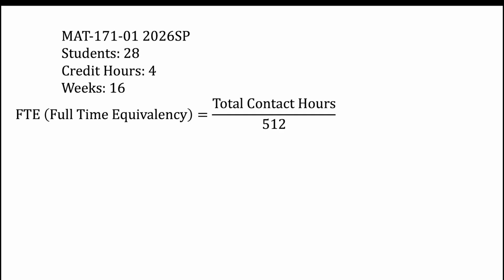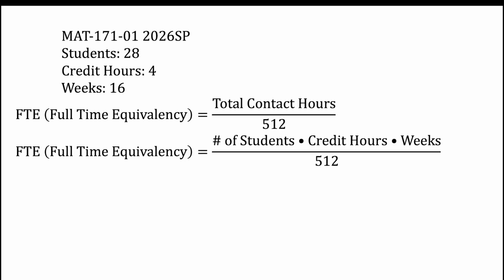The example I will be using is this class, Math 171, in the spring of 2026. This class has 28 students, 4 credit hours, and is 16 weeks long. Using this equation, or the extended equation to make it easier to plug in, we get 28 times 4 times 16 divided by 512.